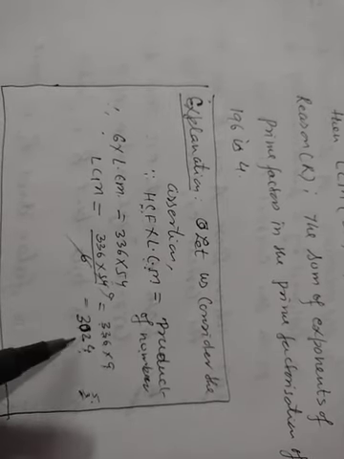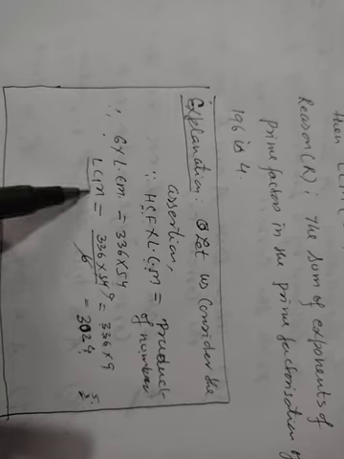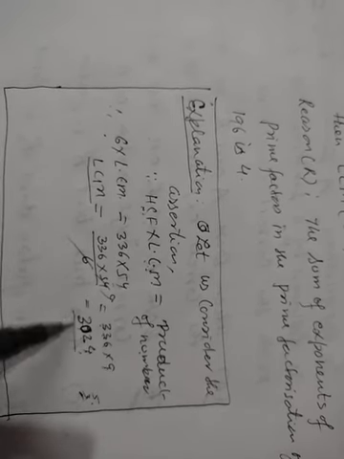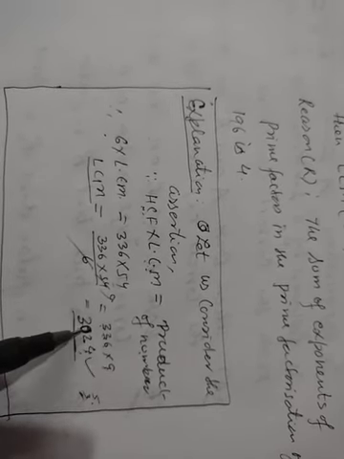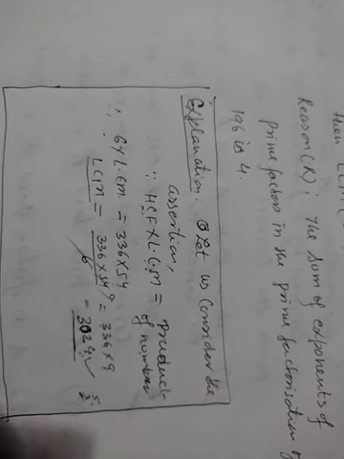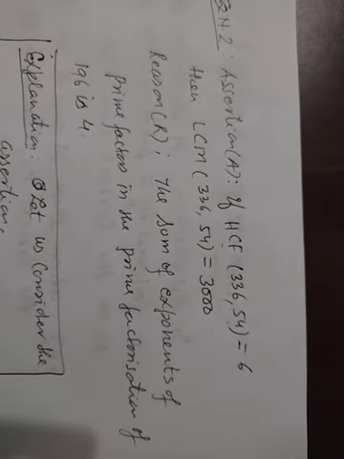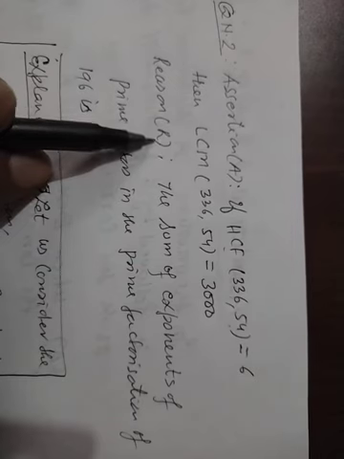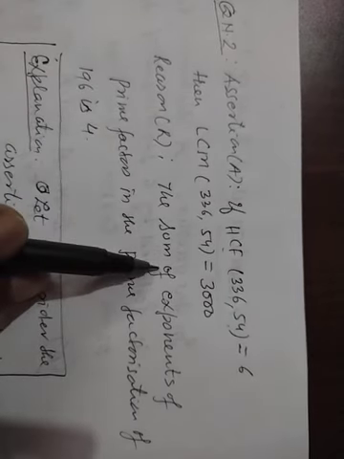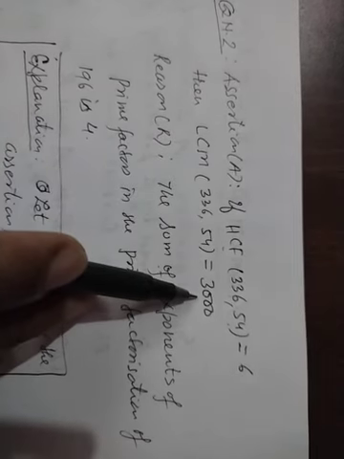Okay, student. So LCM is here 3024. LCM is 3024. But you see here in the assertion, the LCM of 336 and 54 is 3000.